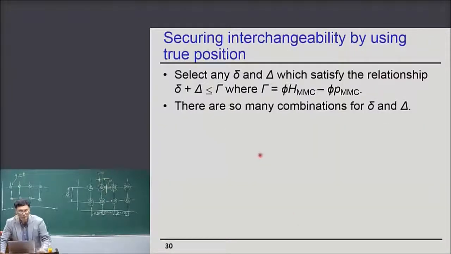So securing interchangeability by using true position means that if you select any small delta and large delta which satisfy the relationship here with gamma, then you can secure interchangeability.